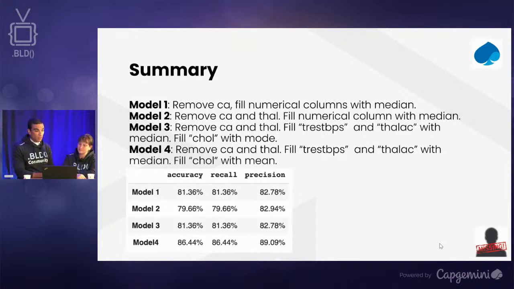For the next one, removing the same columns, filling 2 other columns with median, and filling call with mode. The last one would be removing 2 columns, filling more with median and also mean.